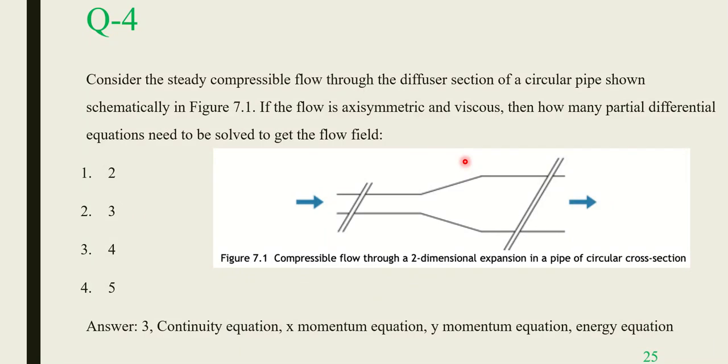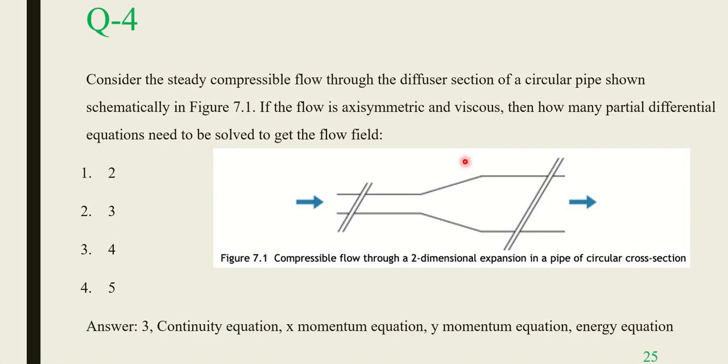So it is given that the flow is compressible. How many equations do we need to solve? It is obvious that we need to solve the continuity equation, the x momentum equation and the y momentum equation, because since it is two-dimensional, we would stop with this.